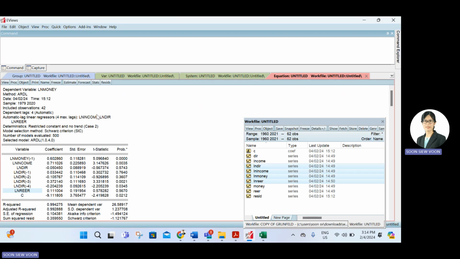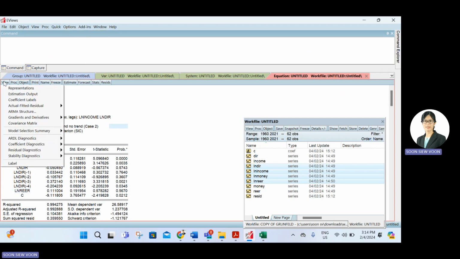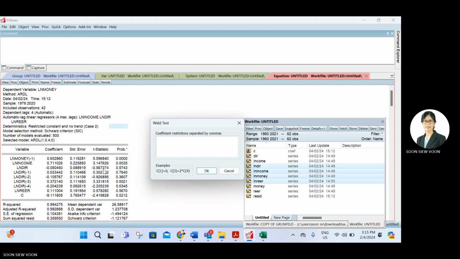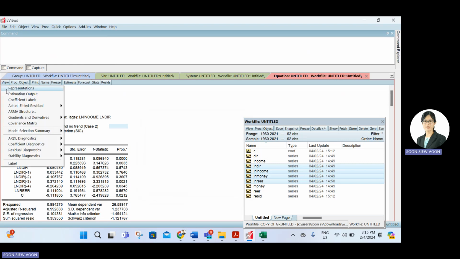I go to EViews here. Then I go to view, and then the coefficient diagnostics. Then look for the coefficient restrictions. But before that, double confirm whether it is C3 up to the coefficient I mentioned just now.